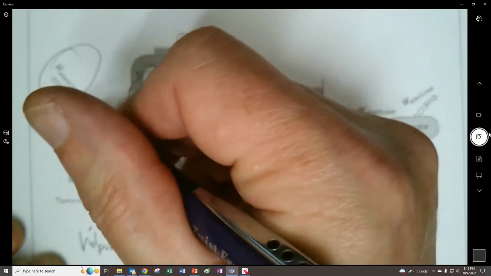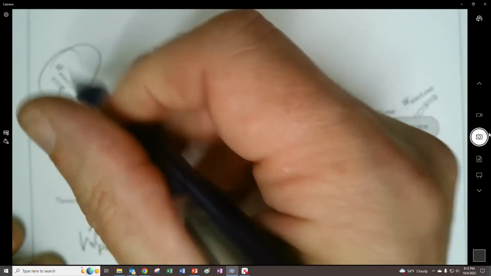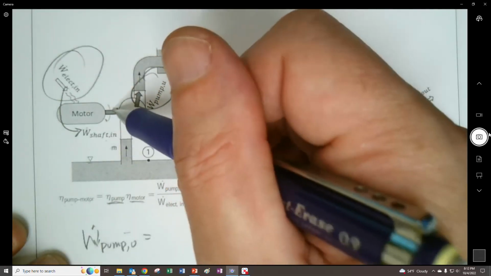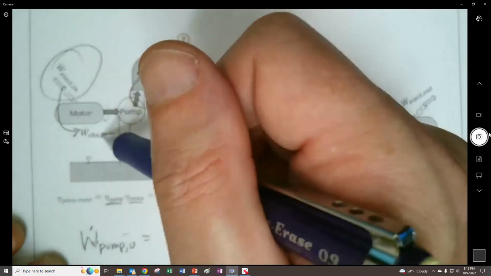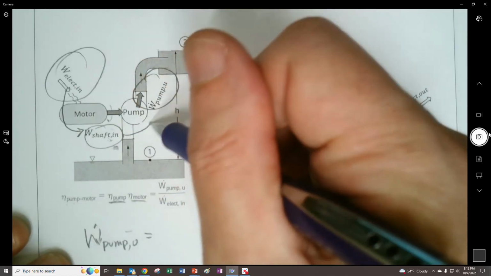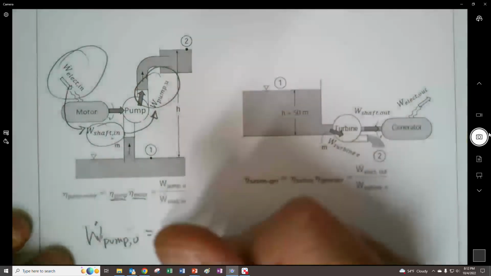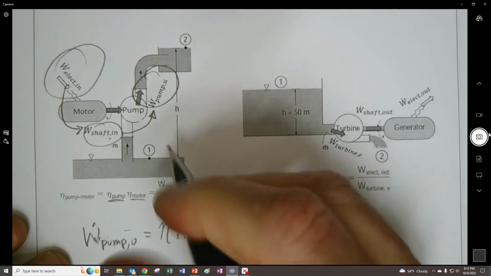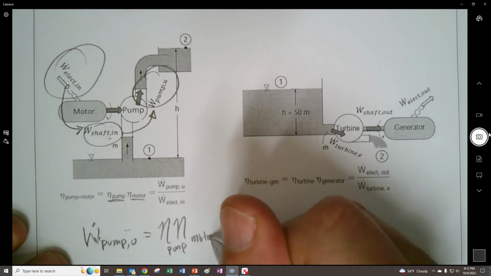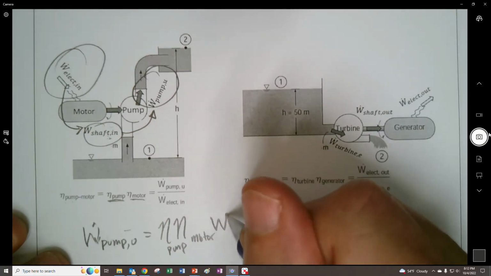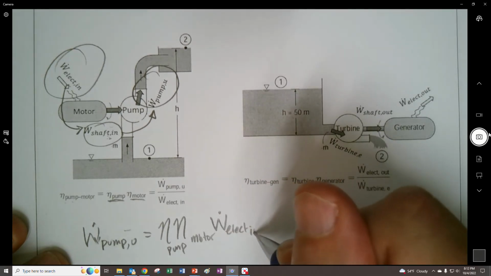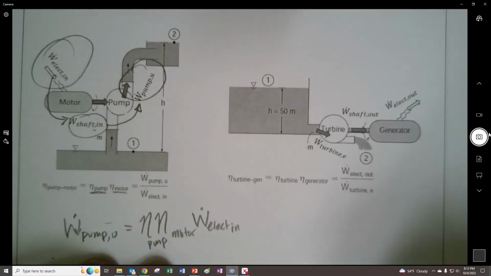It's going to drop between the electrical and the shaft, so the electricity is not going to produce as much power as you consumed. And then we're going to have a drop from the shaft to the hydraulic power. So we're going to multiply the pump and the motor efficiencies times the electrical energy rate that we put in. So these are powers.